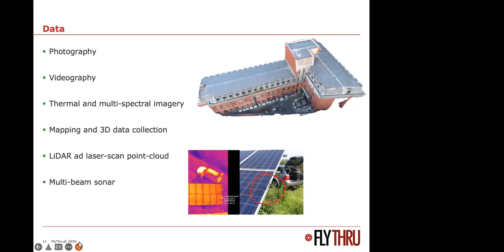Now, having said that, apart from the photographs that are used for our mapping and 3D data collection, we do very, very little in terms of photography and videography, unless it's for inspection work.